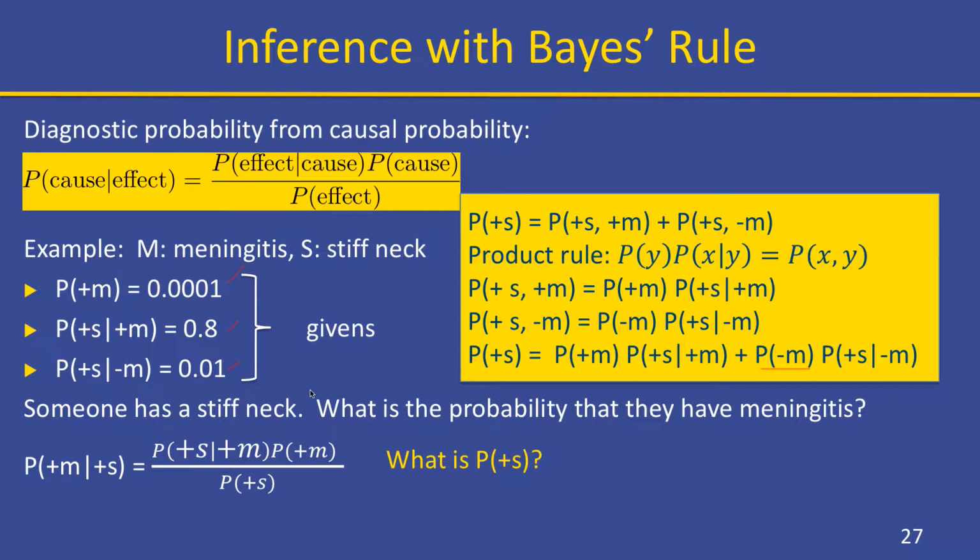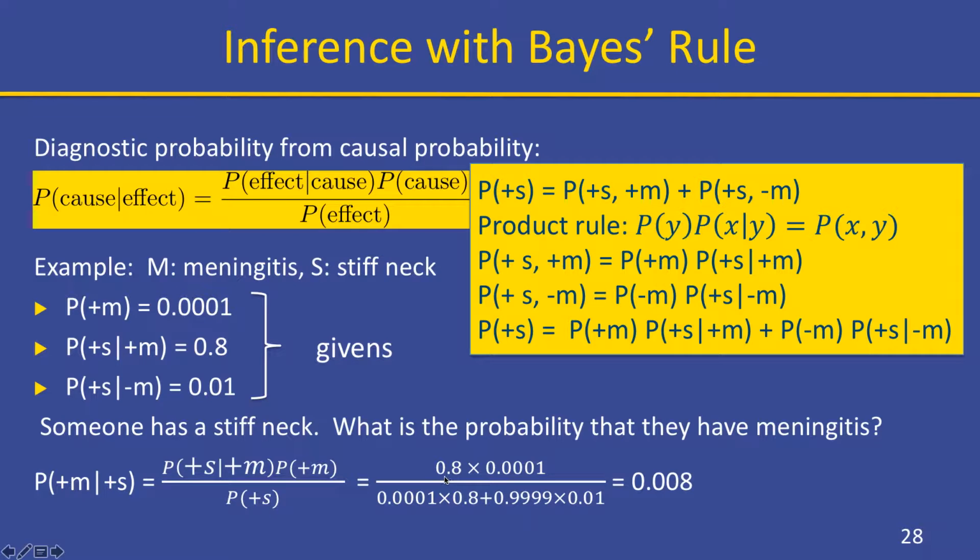Can we compute it easily? The answer is yes. P of plus m and P of minus m have to add up to 1, so P of minus m is equal to 1 minus 0.001. So we can plug in our numbers and we find that the probability that the patient with a stiff neck has meningitis is 0.008.